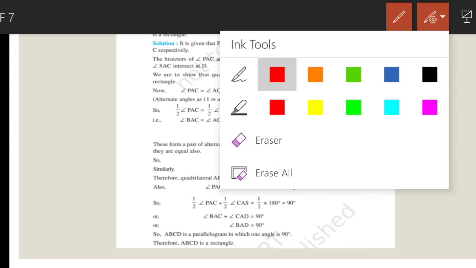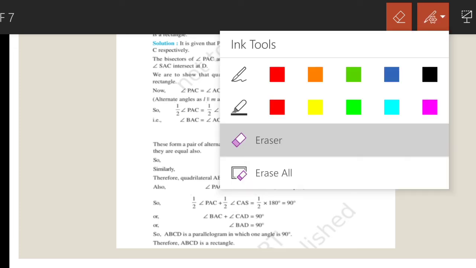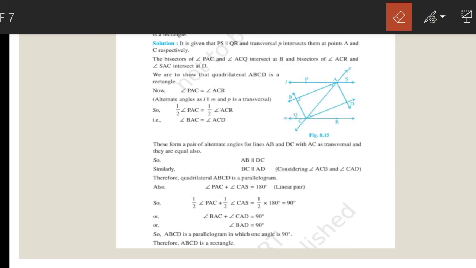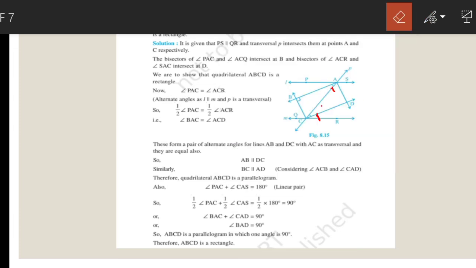So if we see the small angle BAC and the small angle ACD, these two angles are also equal.